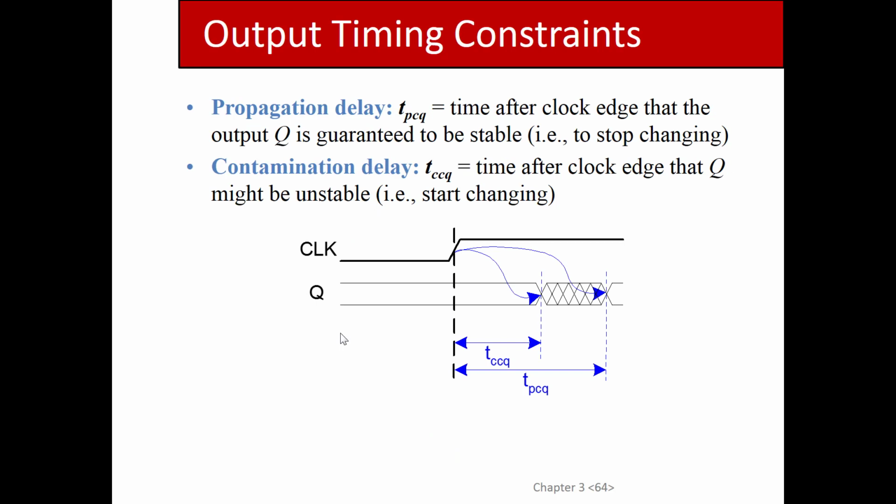So the question is, how do you guarantee that? How do you know that D is not going to change within the aperture time? Well, when you're taping out a chip, you want to fabricate a chip, you'll get a standard cell library, which is a library of primitives like gates and flip-flops, right?